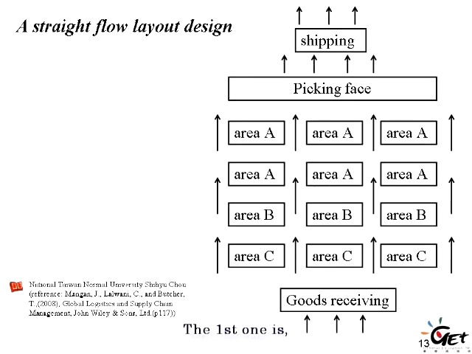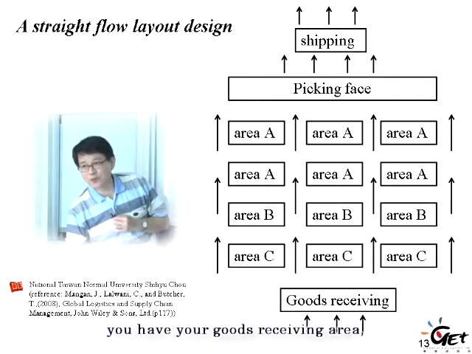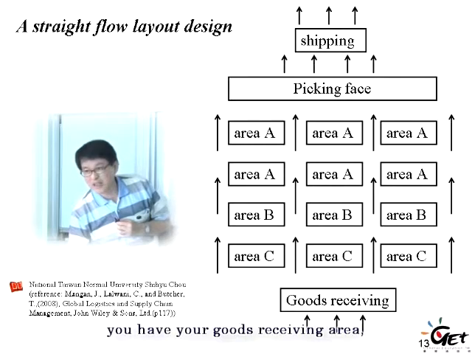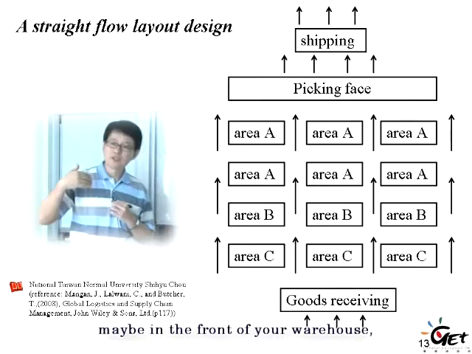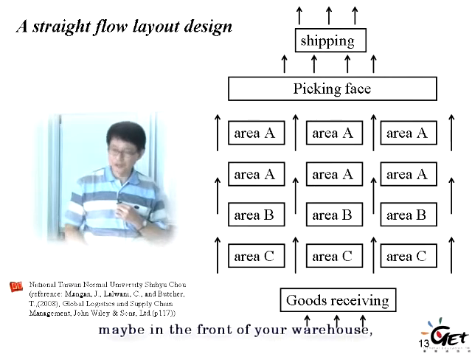The first one we call the straight flow layout design. In this design, from the goods receiving to the goods dispatching, basically there is a straight line. So for this kind of warehouse, you have your goods receiving area, the receiving docks, maybe in the front of your warehouse.